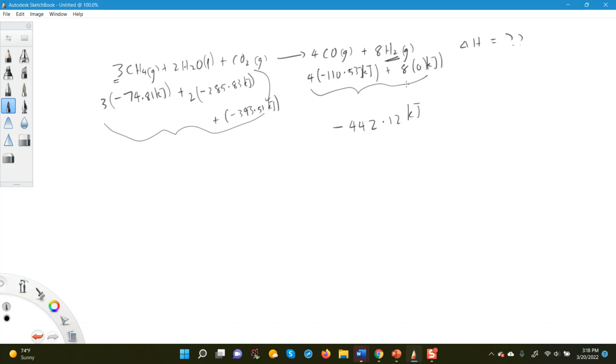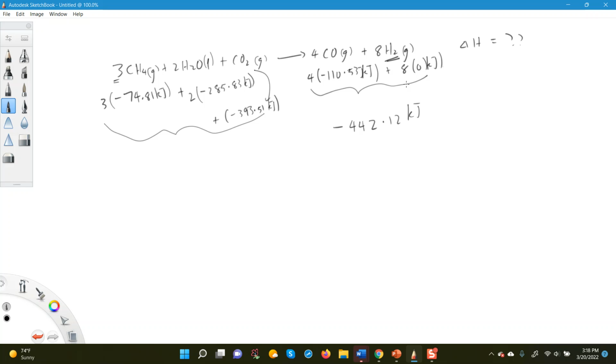And then on the left side, I'm going to multiply minus 74.81 times 3. And then I'm going to add to that 2 times minus 285.83. And then I'm going to add to that minus 393.51.